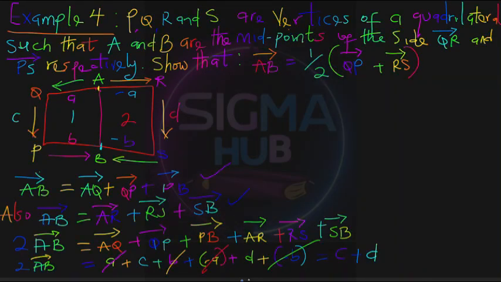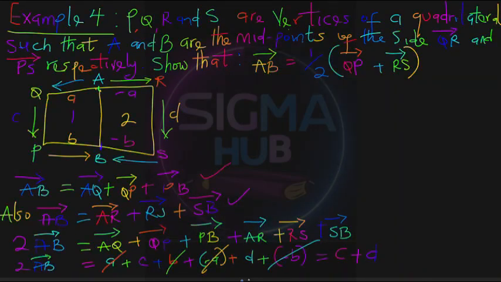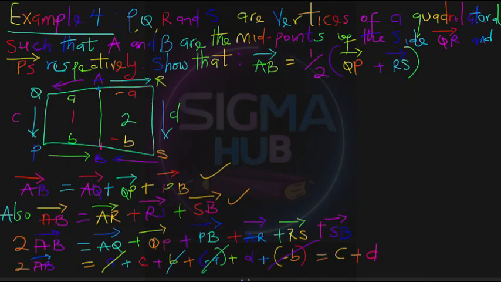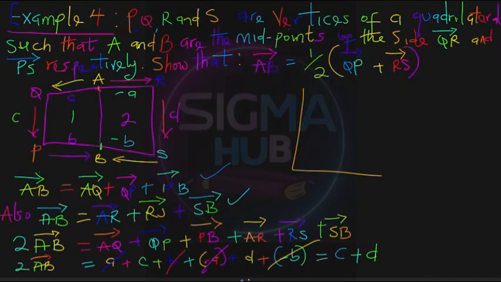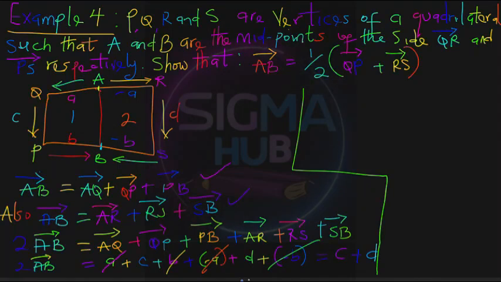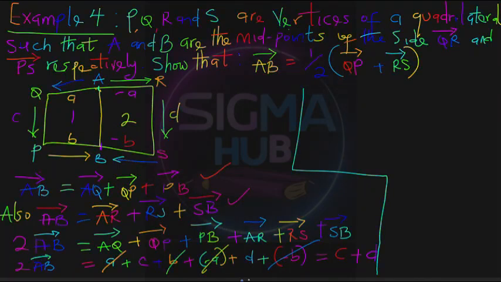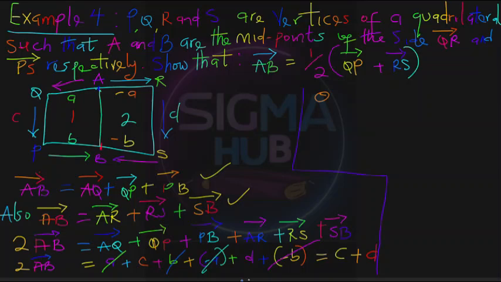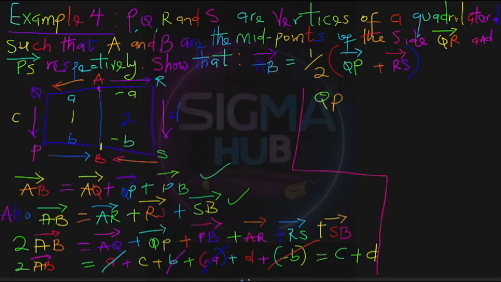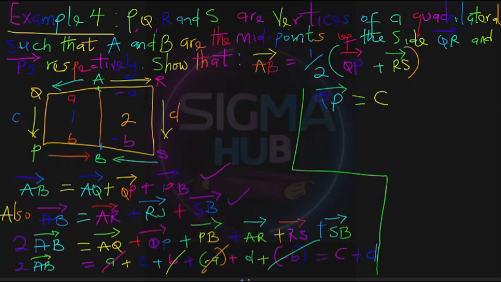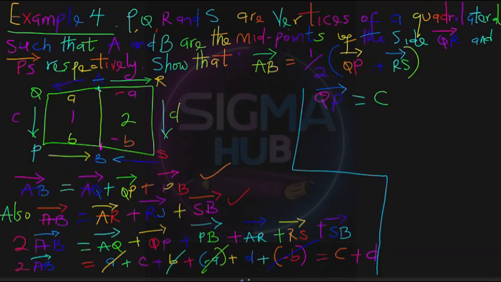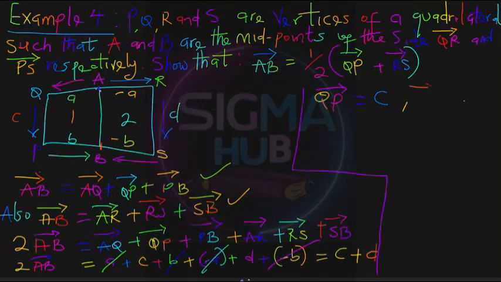Now let us put back what C and D are in terms of points. We know that C is the same thing as QP, and D is the same thing as RS.